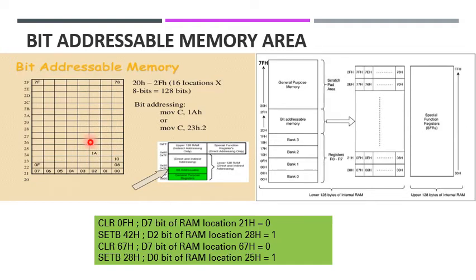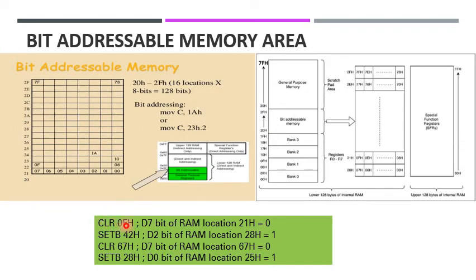Bit addressing is very useful when we want to monitor the status of a particular pin of any port. If we want to turn an LED on or off connected to a particular pin, we don't need to write the content of the whole port. Instead, we can address the particular pin to which the LED is connected, by means of which we can save memory. Let us take some examples to understand bit addressing.